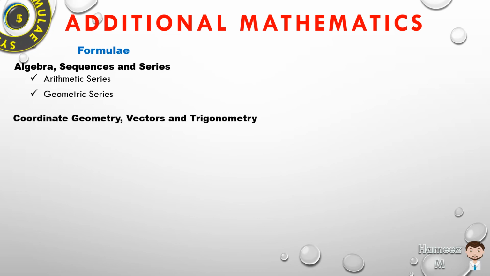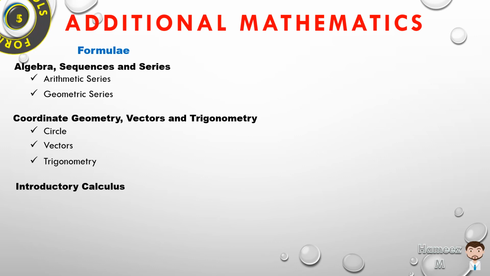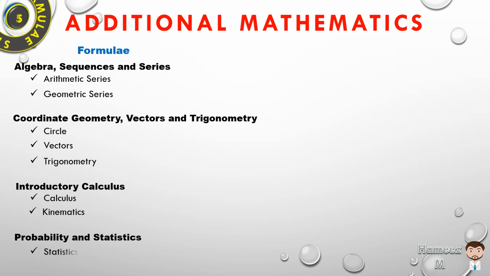And coordinate geometry, vectors and trigonometry, section 2, formulae are given in circles, vectors, and trigonometry. In section 3, introductory calculus, formulae are given in calculus. And in the last section, probability and statistics, formulae are given in statistics and probability.